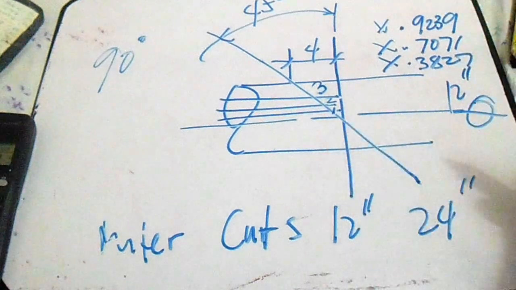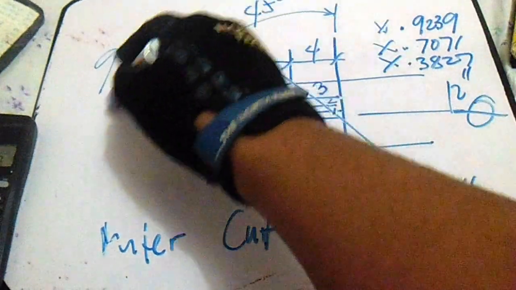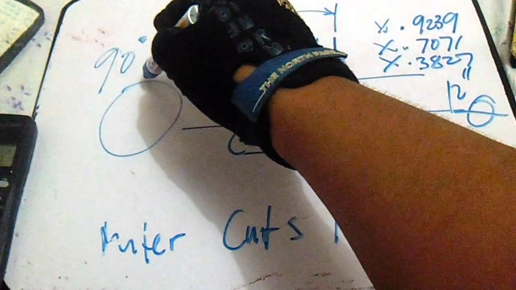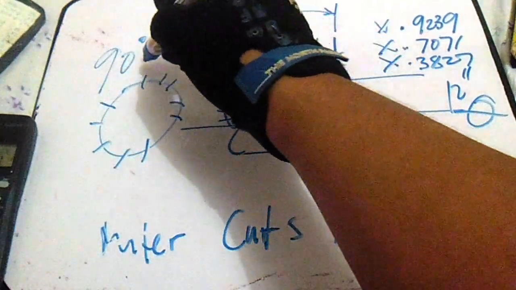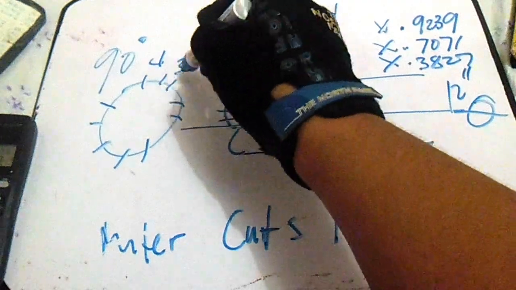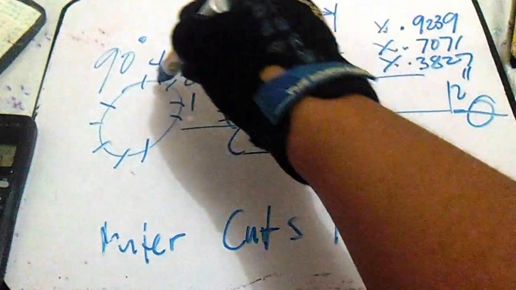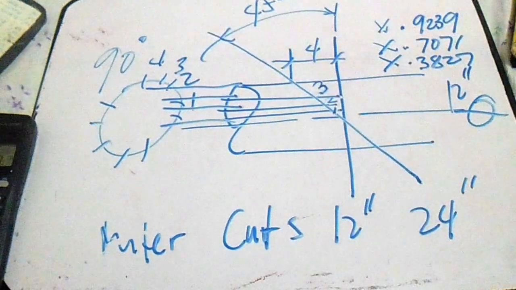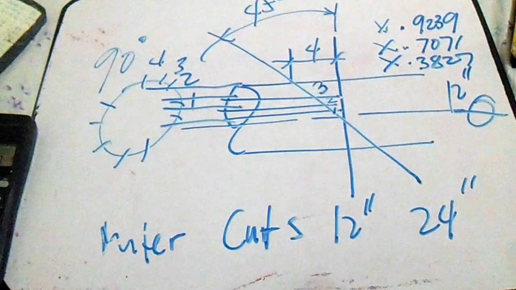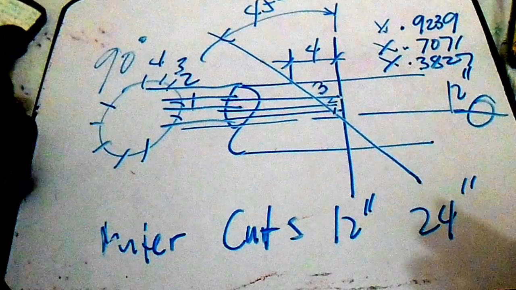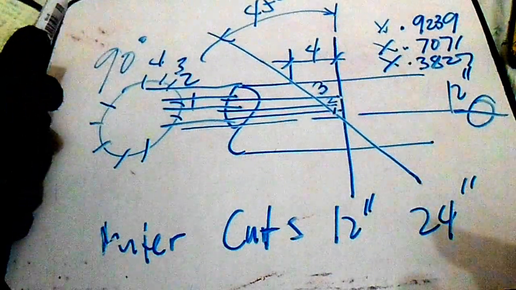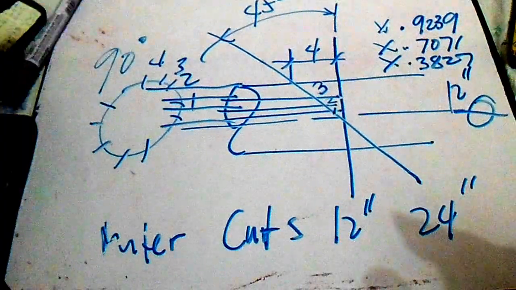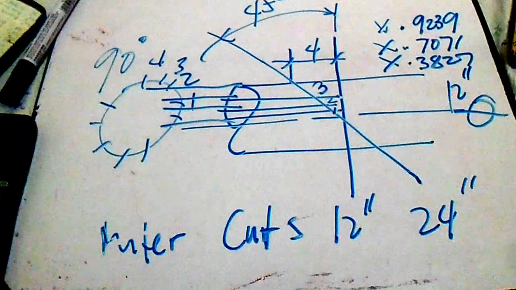Okay, we have a circle here, and then we have a line from this and then we have a 4, 3, 2, 1, and then make it a dimension like this. Okay, so thanks for watching, guys. I hope you have learned about this miter cut 12 inch to 24 inch. Thank you very much for watching and have a nice day. Bye bye. See you next time.